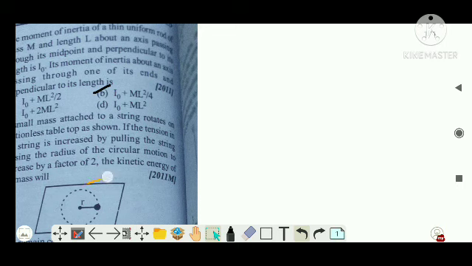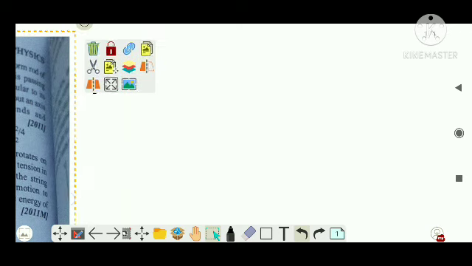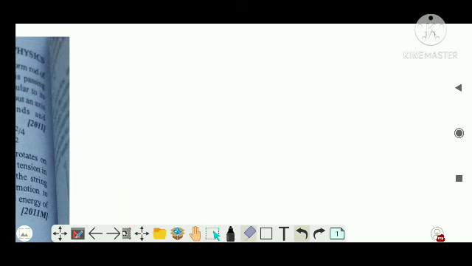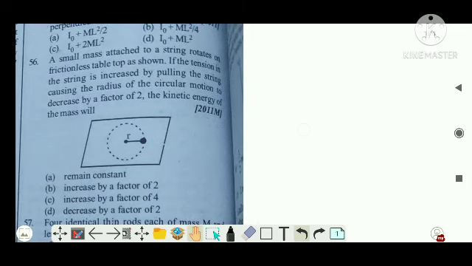Right? Let us do the 56th question. That is a pen mark which I would like to remove. Okay. 56. A small mass attached to a string rotates on a frictionless table as shown.